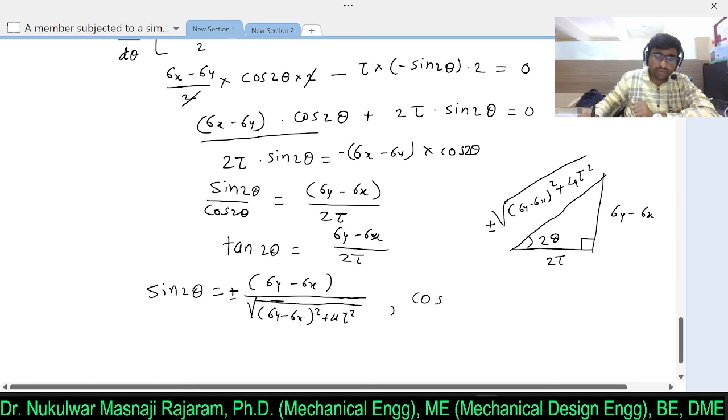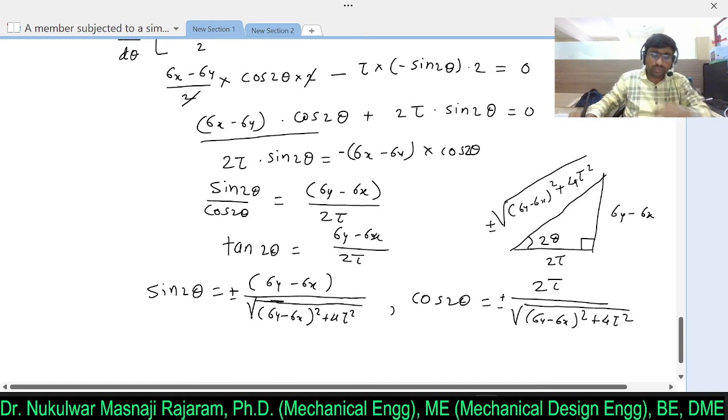Similarly for cos of 2 theta, that will be equal to 2 tau divided by the diagonal, again this is plus or minus, your diagonal is sigma y minus sigma x whole square plus 4 tau square.